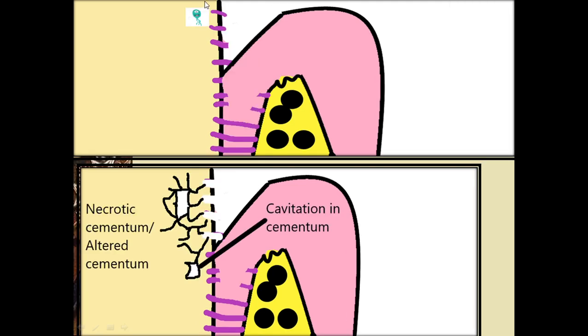The cementum is exposed to the oral cavity, we can see the periodontal ligament fibers are destroyed and exposed to the oral cavity, and the cementum is exposed, and the area where the remnants of Sharpey's fibers are there.